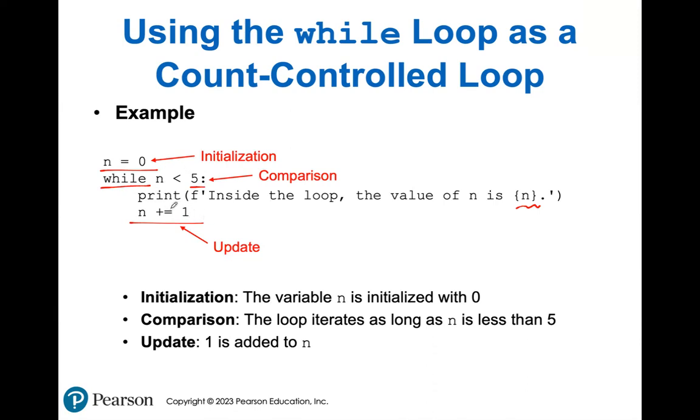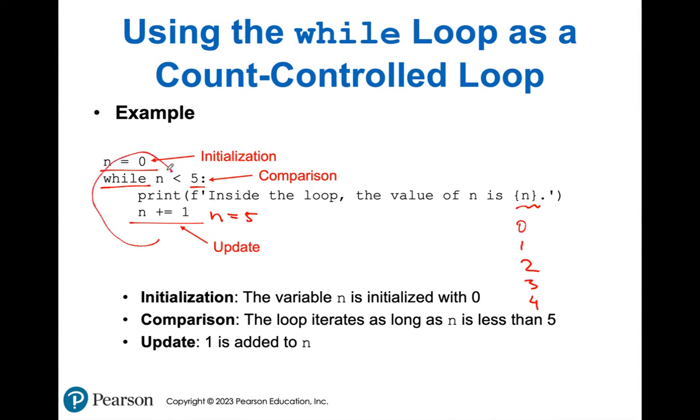So all that this loop is going to do is print inside the loop the value of n is, whatever the value is. In this case, it's going to be 0. Then it's going to be 1. Then it's going to run 2, 3, 4. And after 4, we're going to come to here and our n is going to be equal to 5, right? Because we add 1 to it. So it's going to equal 5.